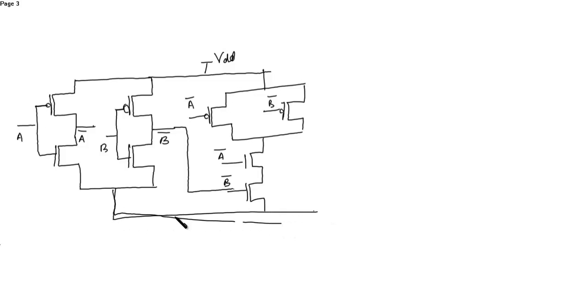This is again connected to VDD, and these are connected to the ground. Okay, so now we need similarly another AND gate.